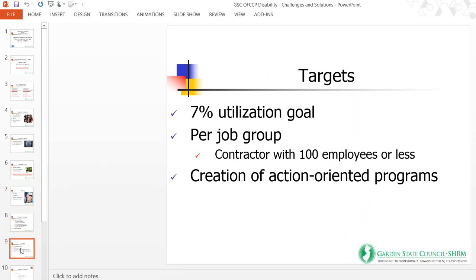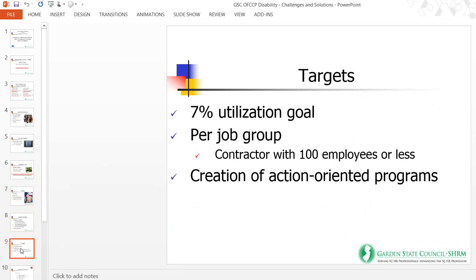The challenge, of course, is you may run this and find that you're at 1% or 2%. In other areas, you may be much higher than 7%. In the event that you're below 7% in any job group, or if you're a smaller contractor within the organization, you're required under the regulations to create an affirmative action program or an AAP.